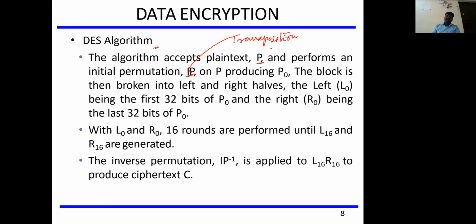The Data Encryption Standard uses both substitution as well as permutation, that is SP: S for substitution and P for permutation. Permutation means the positions of the plain text are rearranged in a given order.